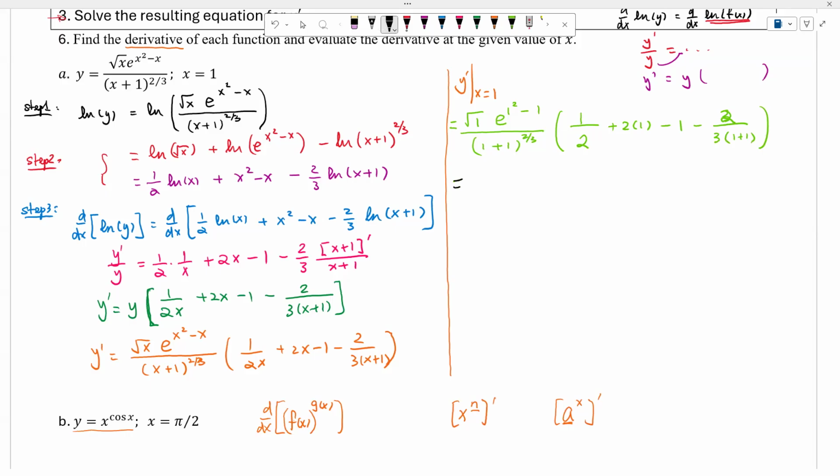And then we know that square root of 1 is 1, and e to the power of 0 is 1. So I have 1 over 2 raised to the power of 2/3. And then here, I will have 1/2, 2 minus 1 is 1, and minus 2 and 2 cancel, 1/3.